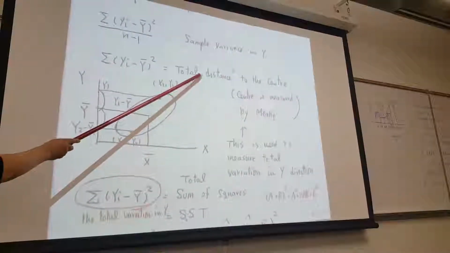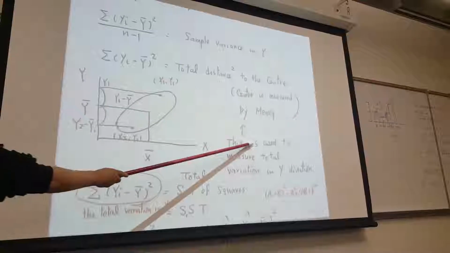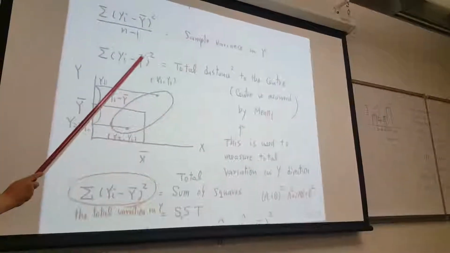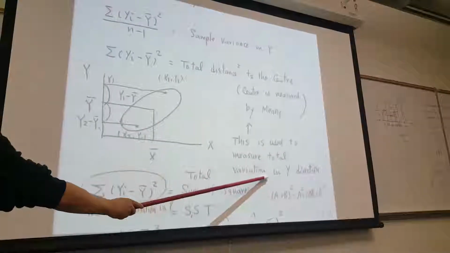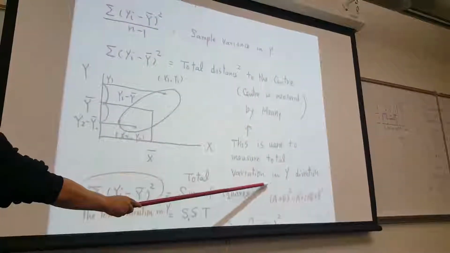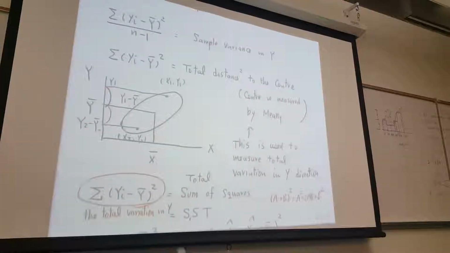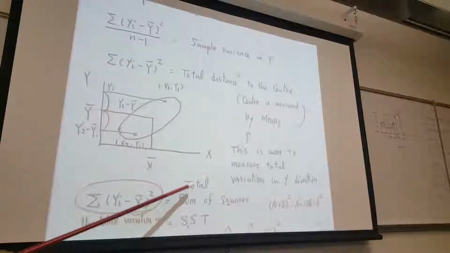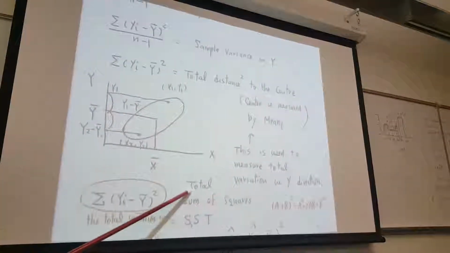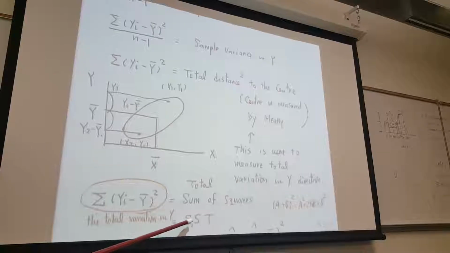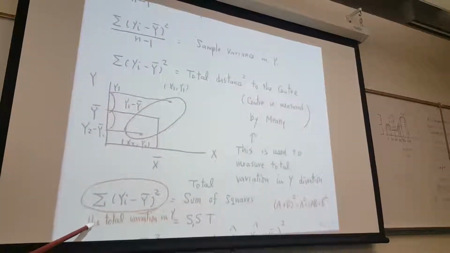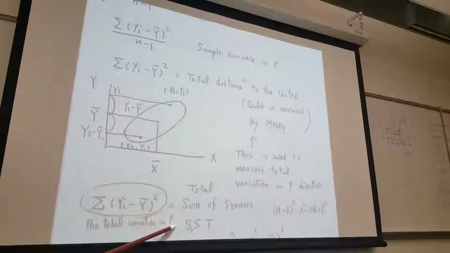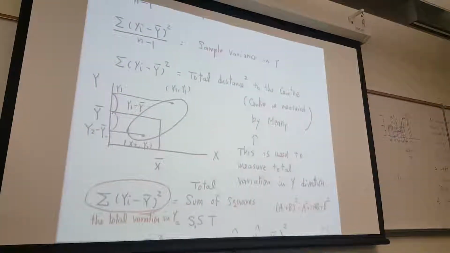And therefore you can understand this term is used to measure the total variation in the y direction, okay? And for that we call this term the total sum of squares, or you just say what? SST. And it is used to measure the total variation in the y direction.